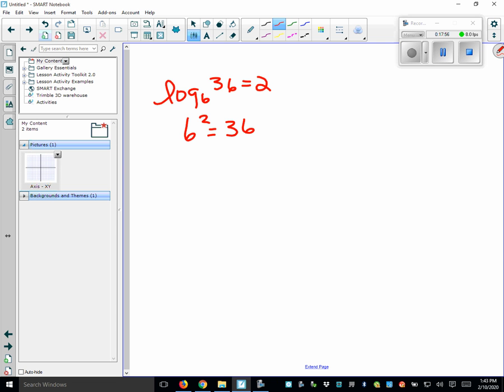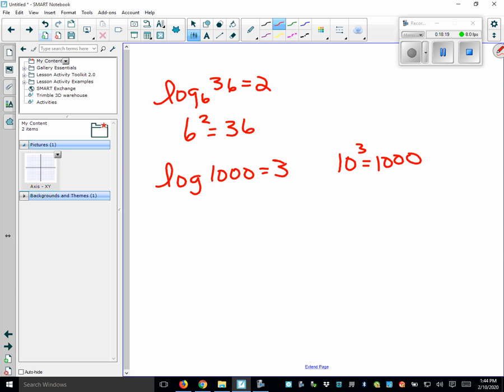Right? So what if I say log of 1,000 is 3? How do I write it in exponents? 10 to the third equals 1,000.